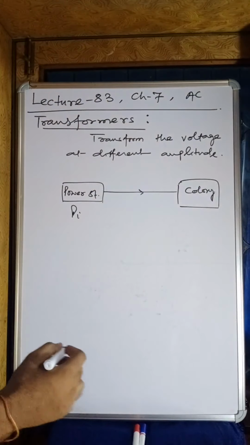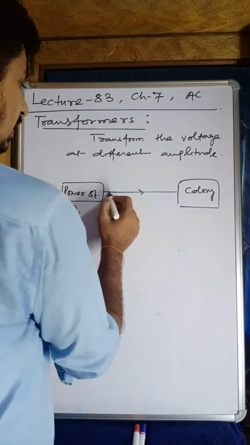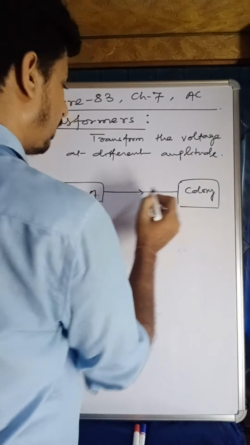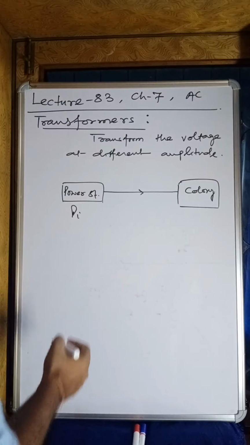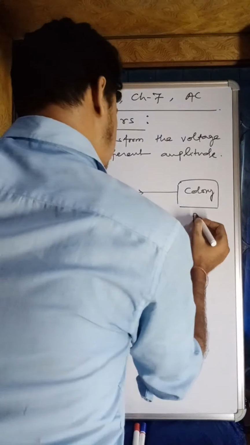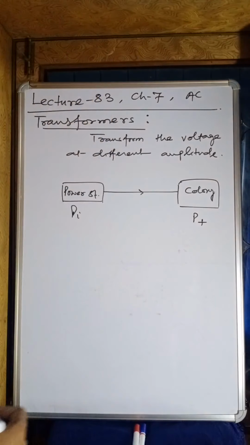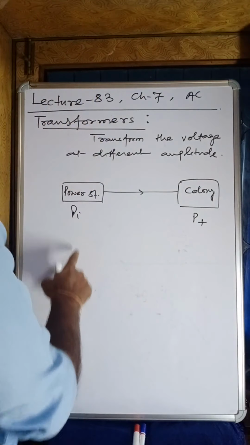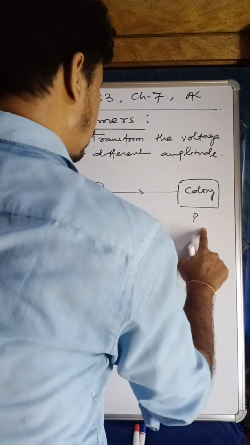You know that from the power station your colony is too far, so the length of the conductor will be very much. The power sent by the powerhouse should reach the colony.